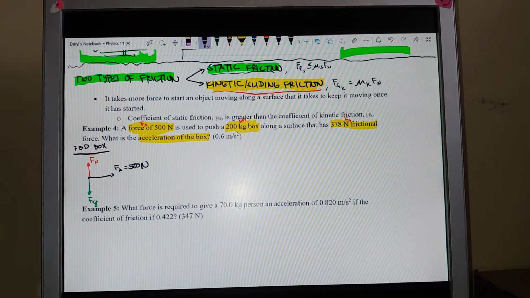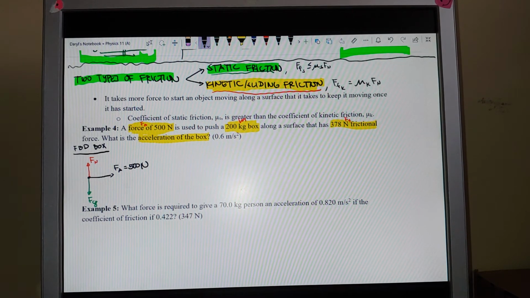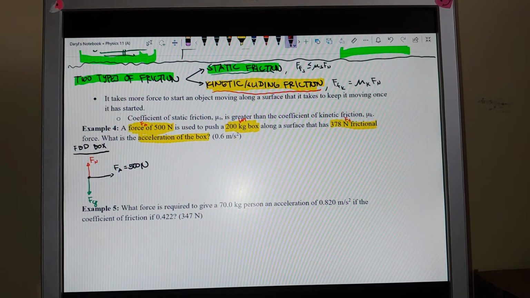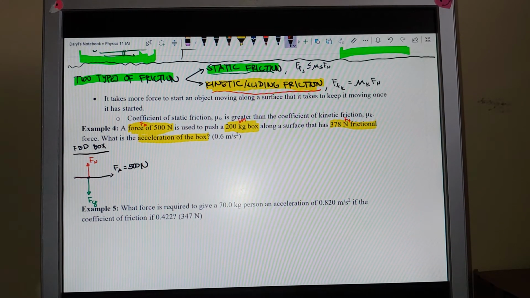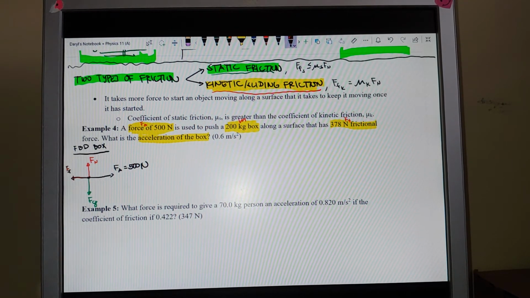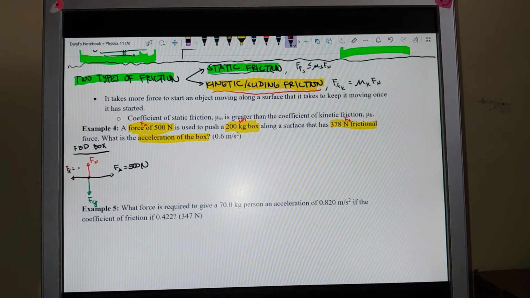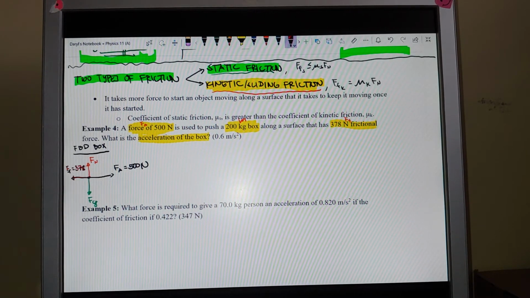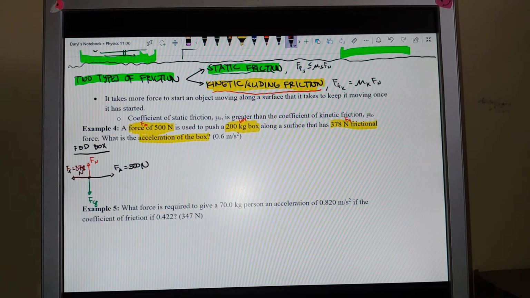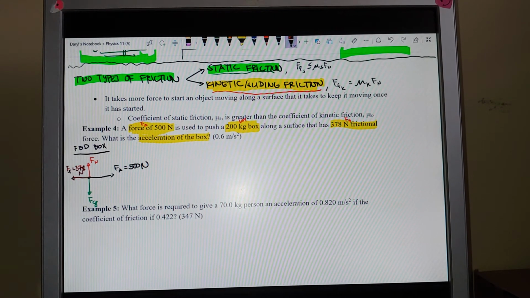If the applied force is 500 newtons to the right, it must be that the frictional force is to the left. So my Ff would be given as 378 newtons.